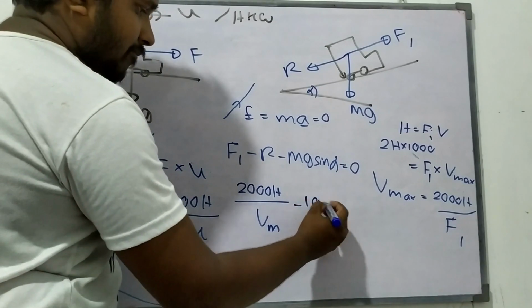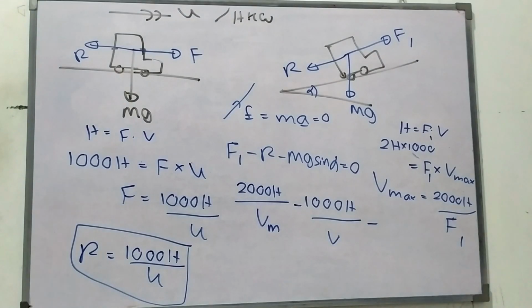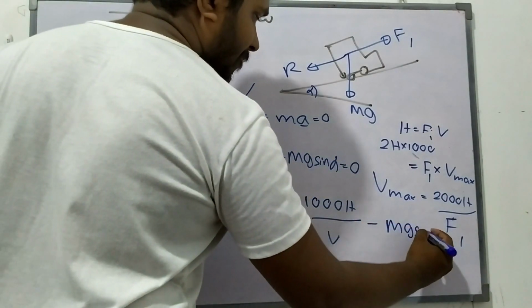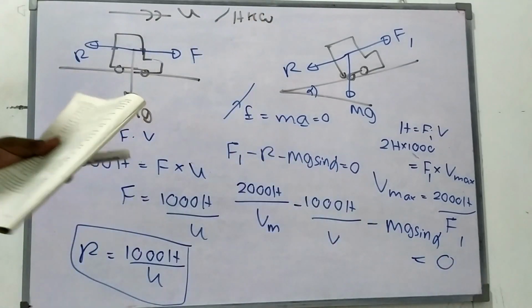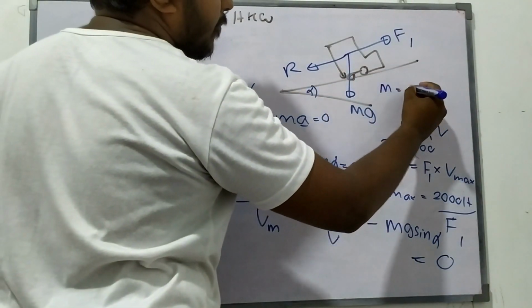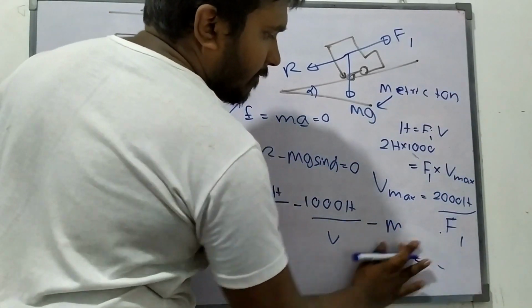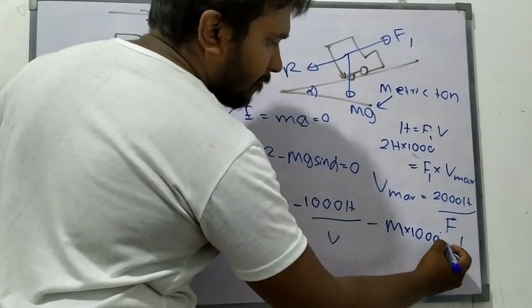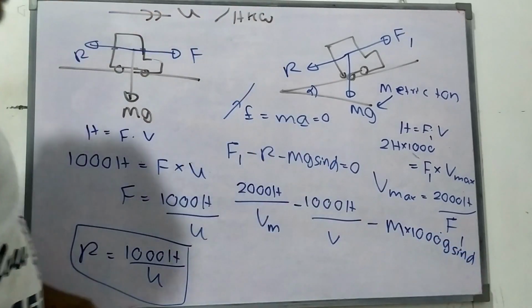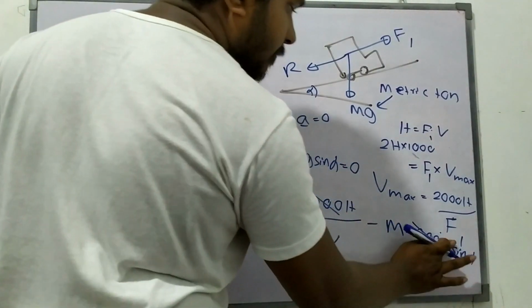Resistance is 1000 H over u minus mg sin alpha. So you just need to substitute Vm. Actually the mass is in metric tons, right? So this is m into 1000 g sin alpha. All the thousands get cancelled. No g here, right?